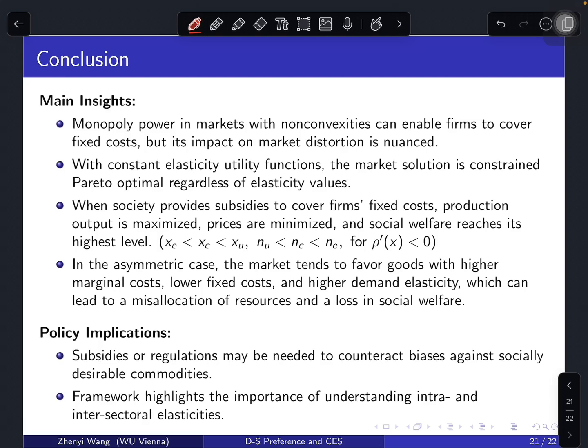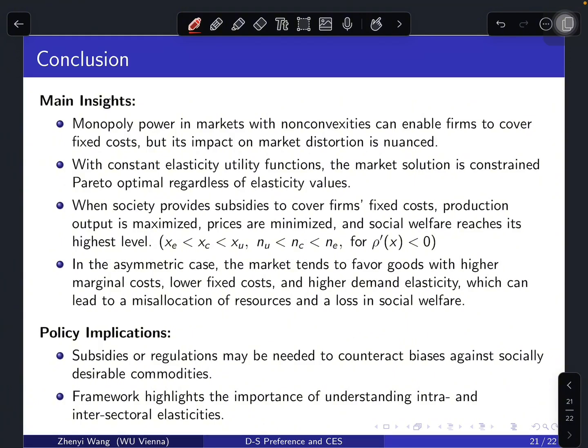When society provides subsidies to cover firms' fixed costs, production output is maximized, prices are minimized, and social welfare reaches its highest level. It means that the unconstrained social optimum is the first best choice.